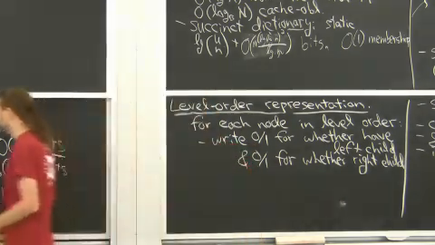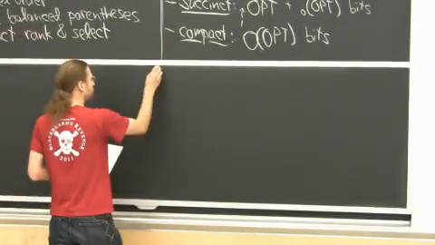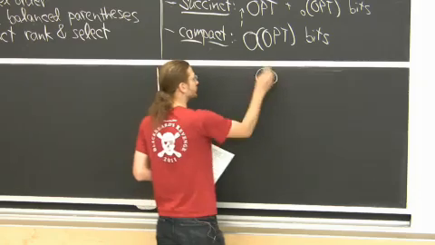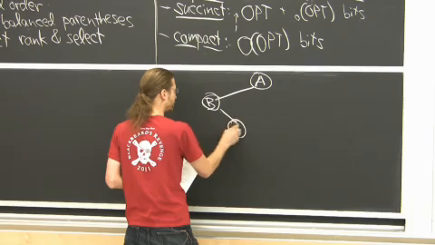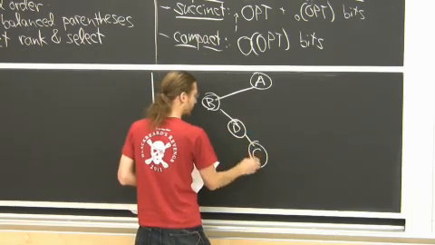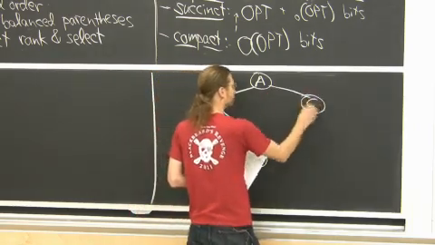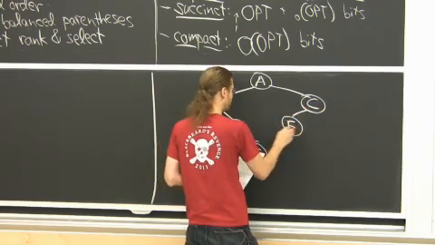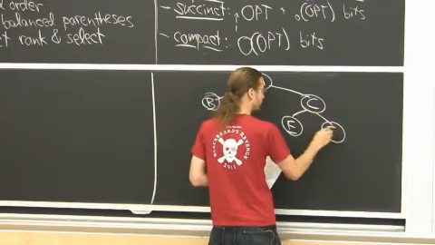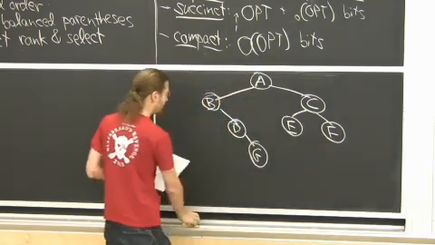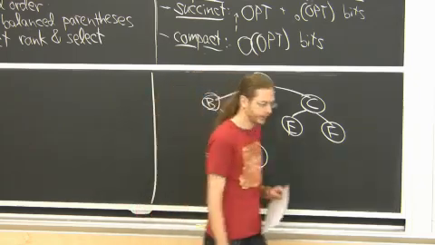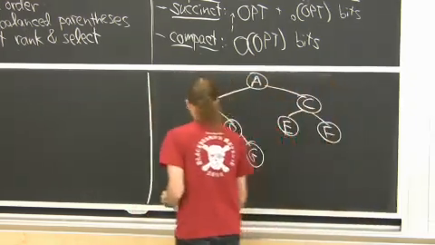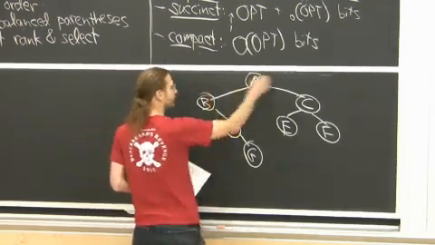Let's do a little example. So here is a binary trie, and I'm going to write a bit string for it. First I'm going to look at the top level.